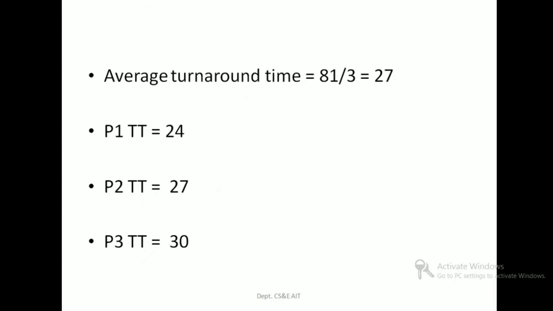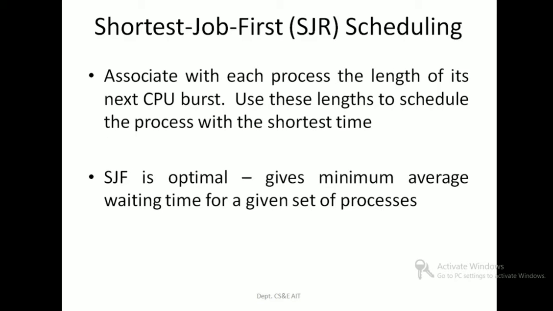Now how do we do the same thing with shortest job first? Shortest job first is a scheduling technique in which the process that has the shortest burst time will be the first to be given the CPU. In the previous algorithm, we only considered the arrival.